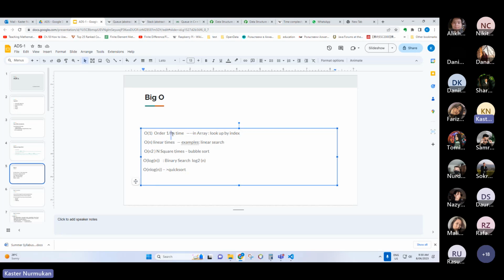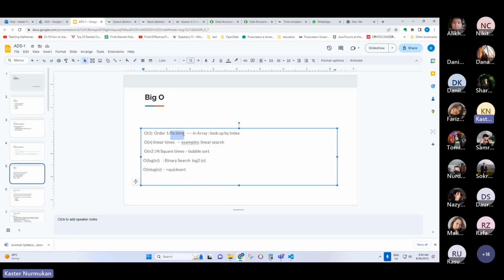By the way, fixed time doesn't mean one time. Fixed time may be 1 millisecond, 10 milliseconds, or even 1 hour. But it's not dependent on the size of the structure.